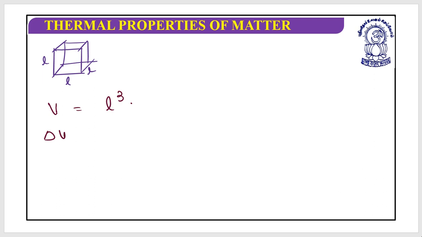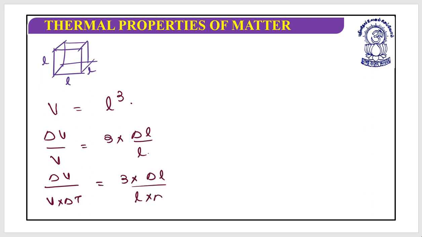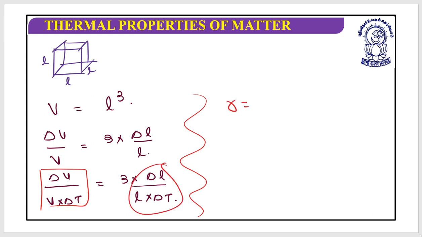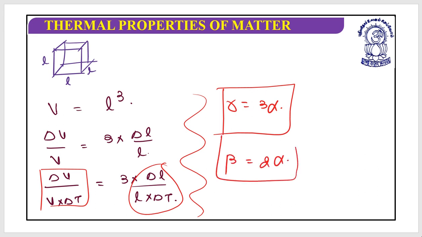And when volume equals L cube, delta V by V equals 3 times delta L by L. So delta V by V delta T equals 3 times delta L by L delta T. This delta V by V delta T can be written as gamma and delta L by L delta T can be written as alpha. So gamma equals 3 alpha. We have two relations: beta equals 2 alpha and gamma equals 3 alpha. I hope this is clear. Is it clear?